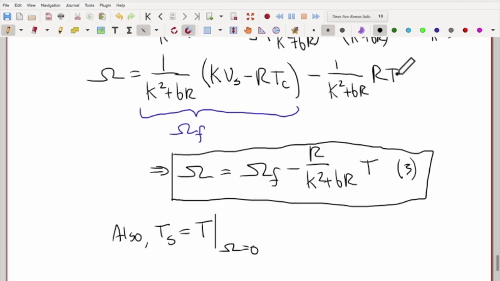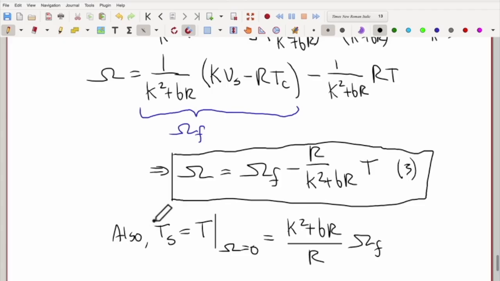Not when T is equal to 0, but when omega is equal to 0. Setting this equal to 0, we get that it's just this times the reciprocal of this, so we get that it's k squared plus br over r times omega f.